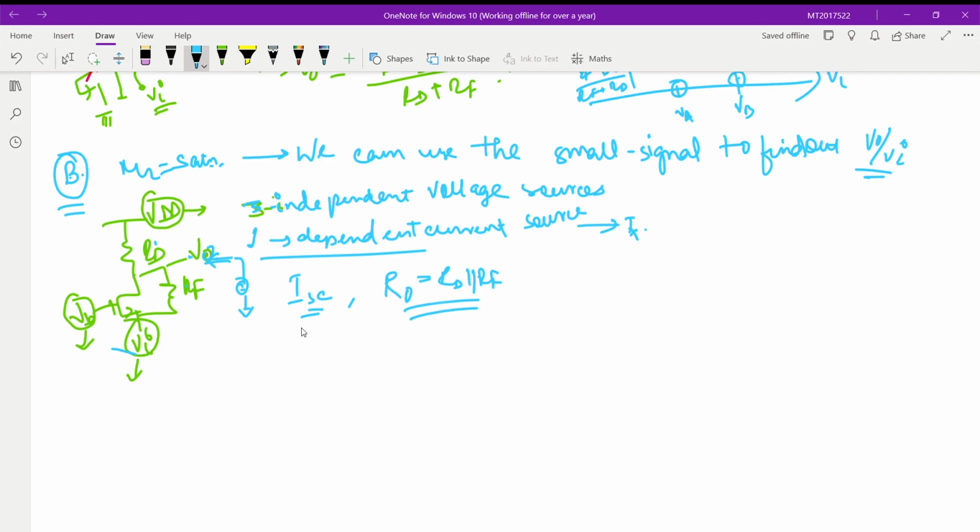What is ISC? ISC will be a superposition of three different terms of current. One comes when VDD is active and VB, VI are 0, right? To find I short circuit, we have to short circuit the V out to ground.